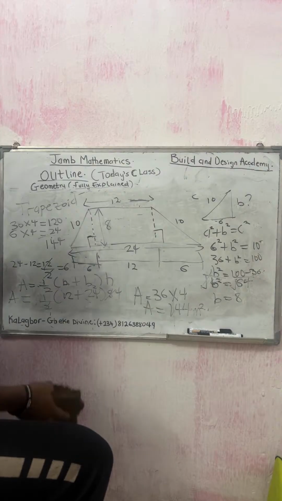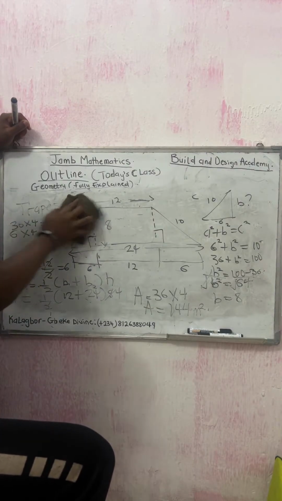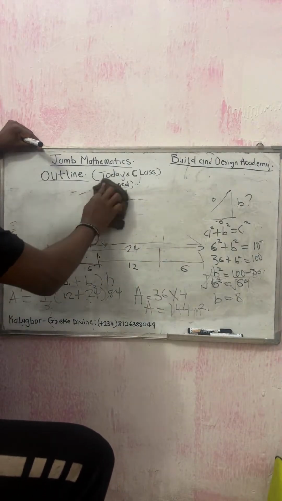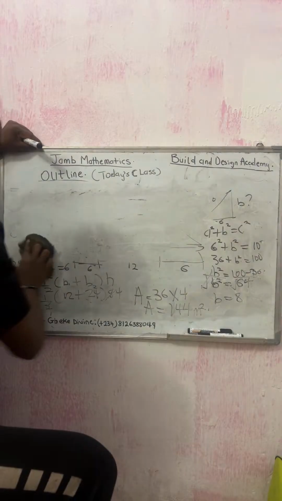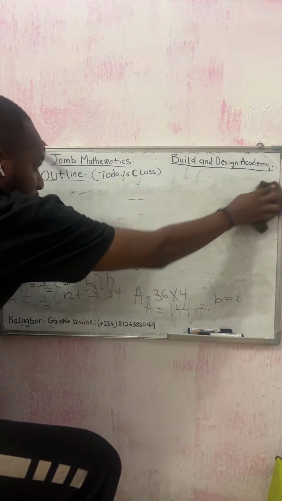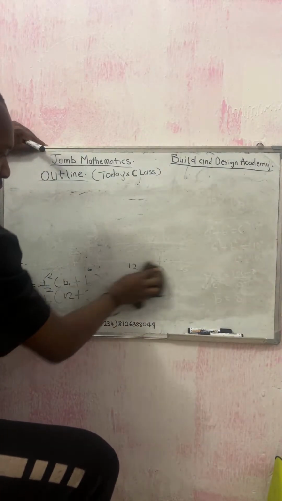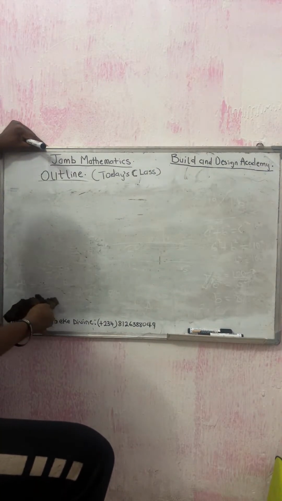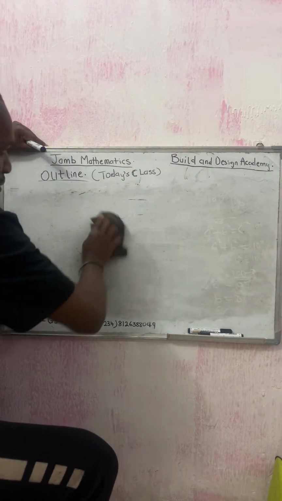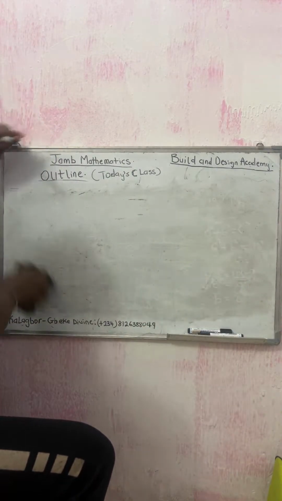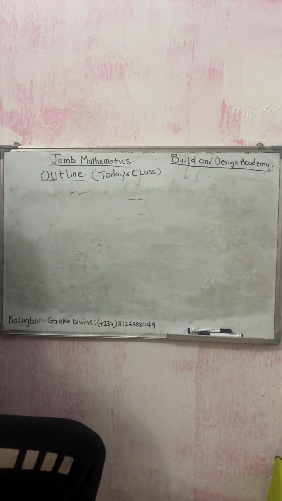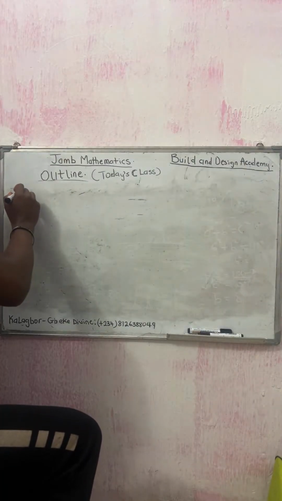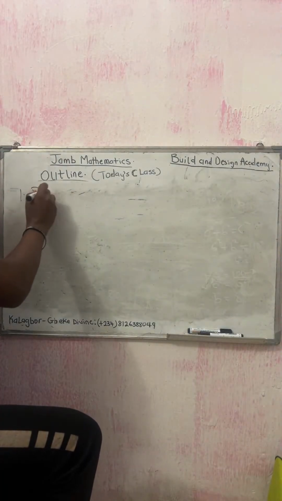So still on geometry, as mensuration geometry, today what we'll be looking at, our outline, we look at number 1, perimeter.